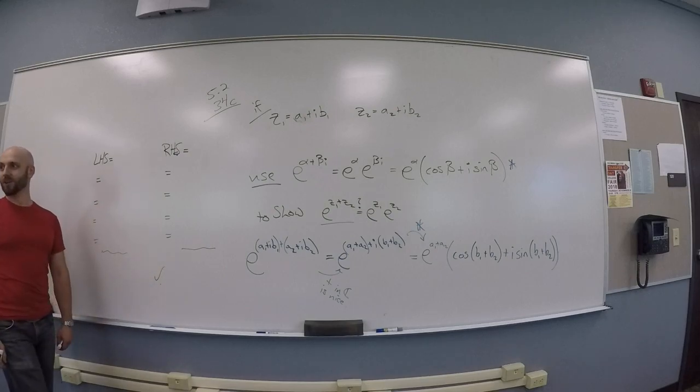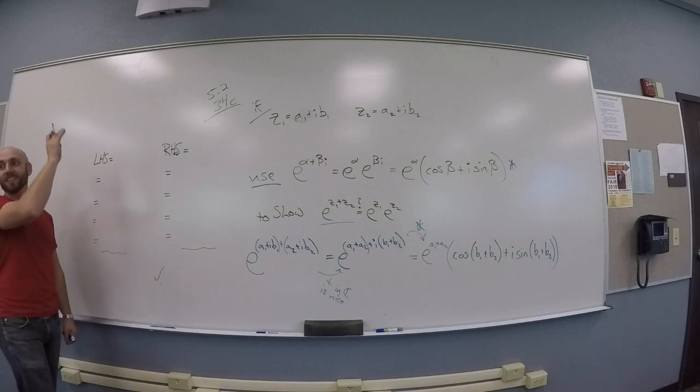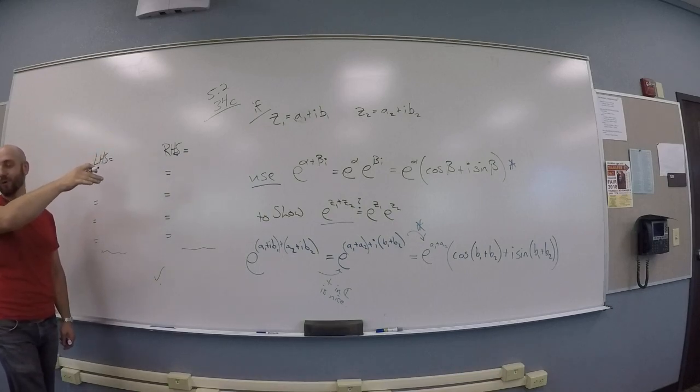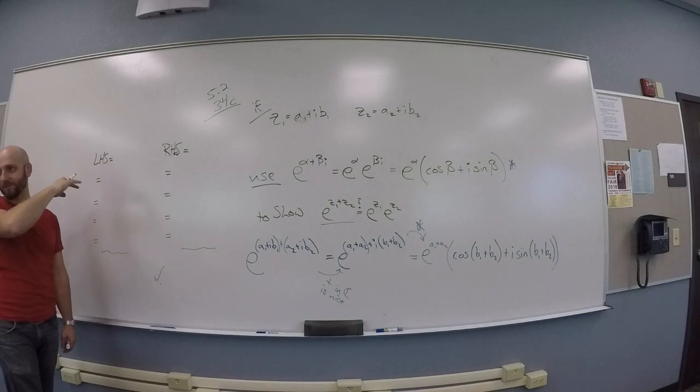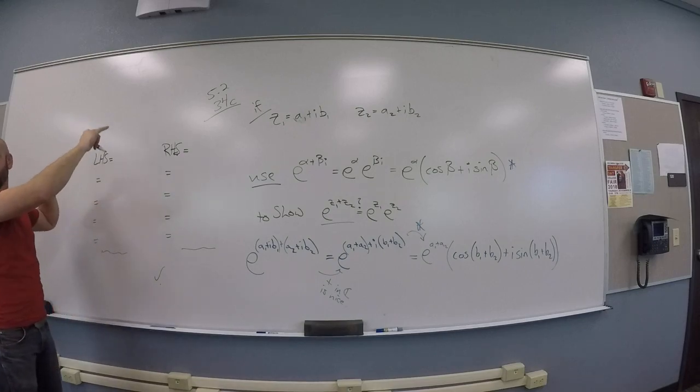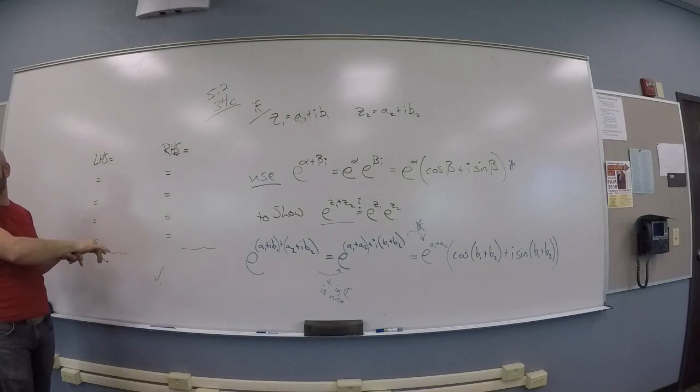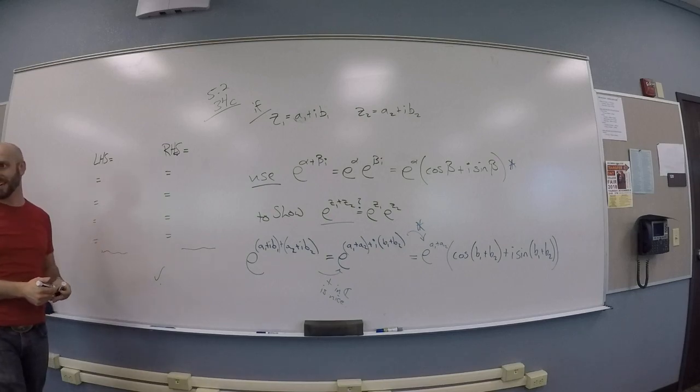Really, you should go from the left-hand side straight to the right-hand side, or from the right-hand side straight to the left-hand side. Manipulating them both until they're the same is a kind of crummy technique.